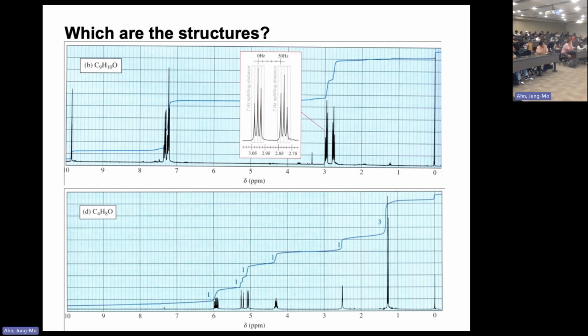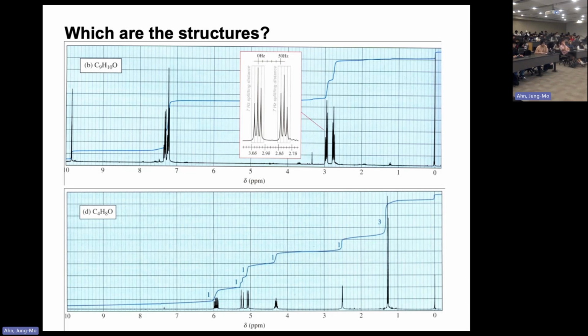For that, there is something useful you can do, called the degree of unsaturation. I didn't have this on this slide. The degree of unsaturation is figuring out how much unsaturation is in the molecule, and it can be done by this formula.